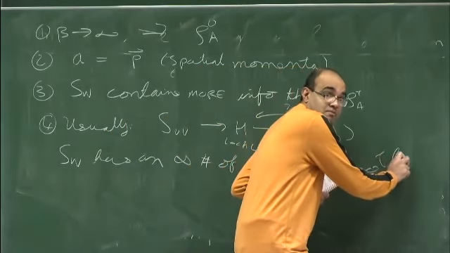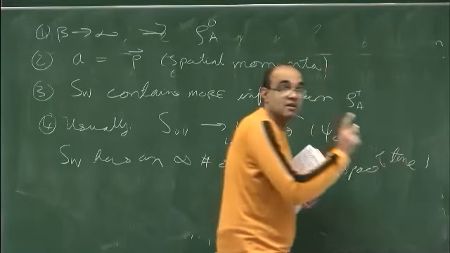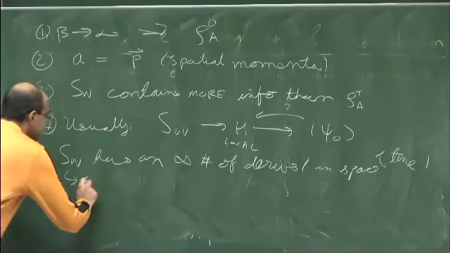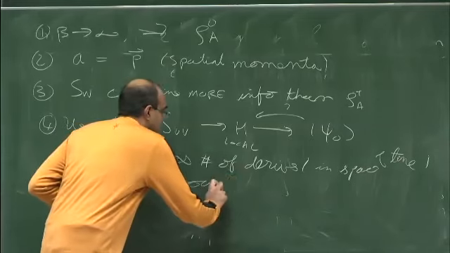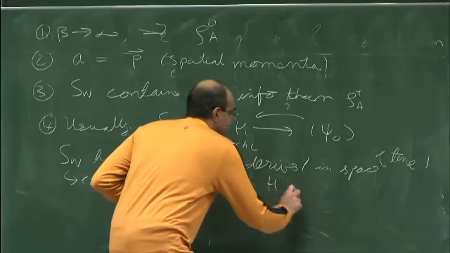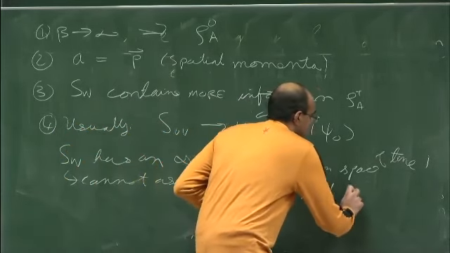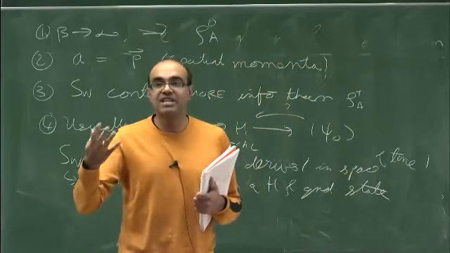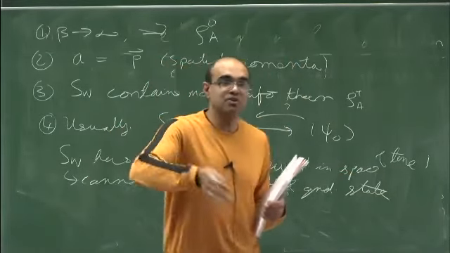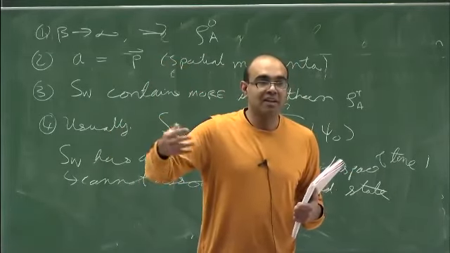It's non-local, this action. Thus, you cannot associate a Hamiltonian and ground state canonically with it, because it's got higher time derivatives. But it's a second derivative action that you can canonically associate with a Hamiltonian and a ground state.